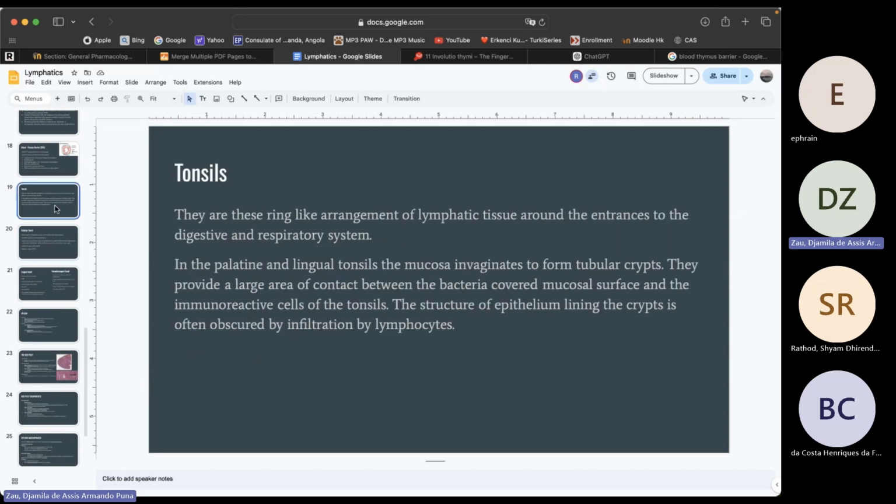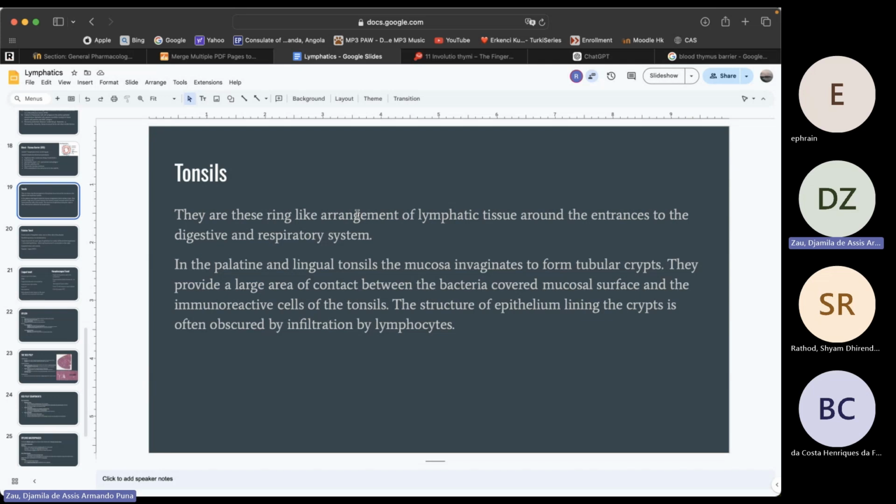And the last thing that we're going to talk about are tonsils, just very, very quick. Tonsils are small structures, and they contain an arrangement of lymphatic tissue. They're usually found at the entrances of the digestive and respiratory system. You guys are going to look at palatine tonsil, lingual tonsil, and sublingual tonsils.